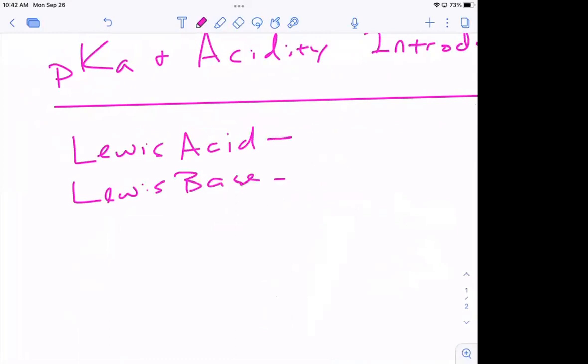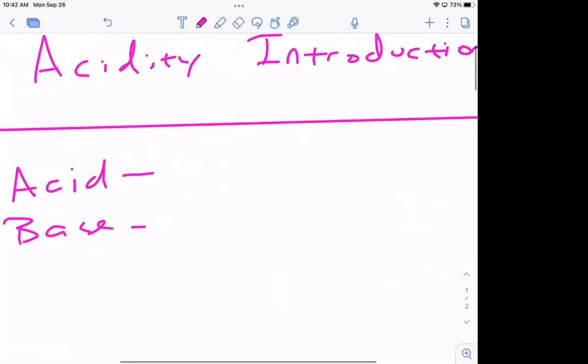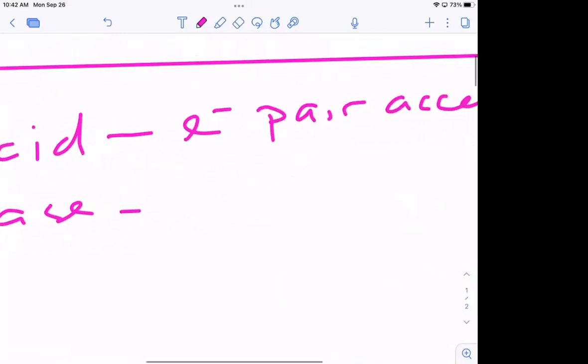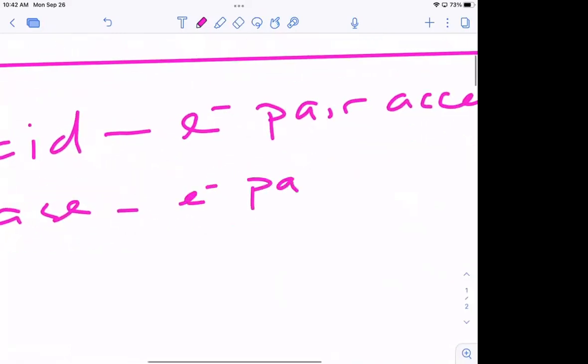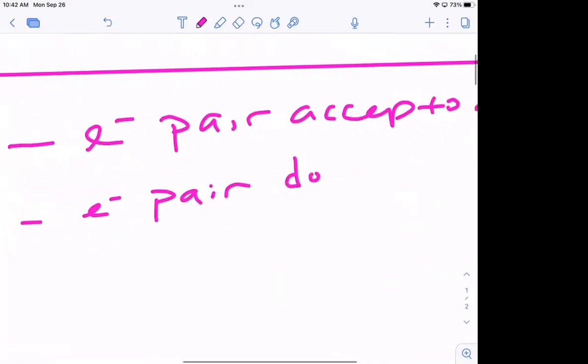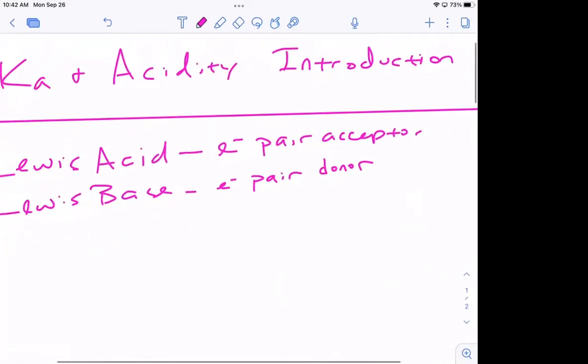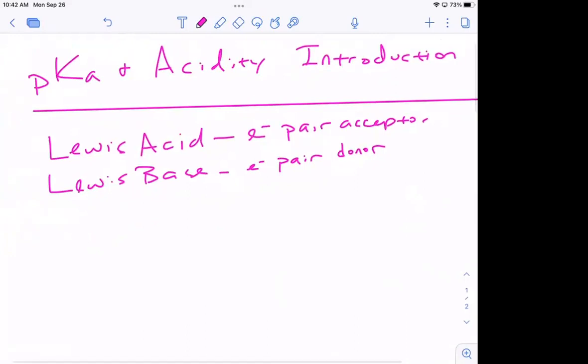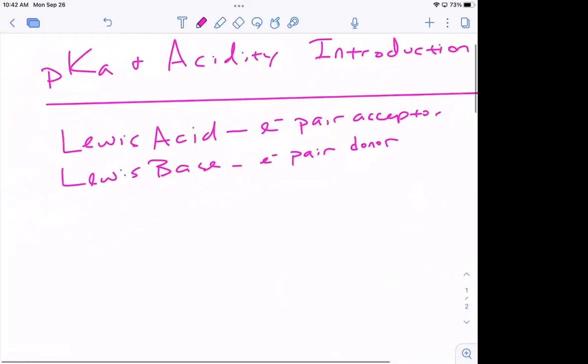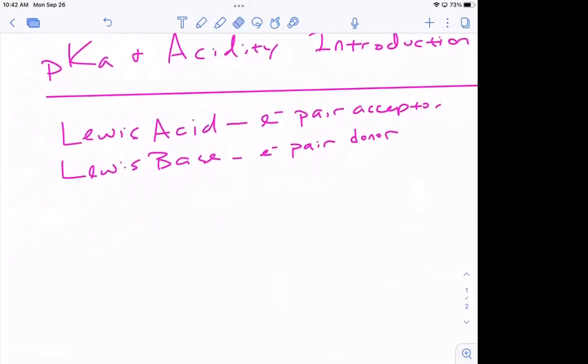A Lewis acid is an electron pair acceptor. And then a Lewis base is an electron pair donor. Those are really basic simplified definitions.